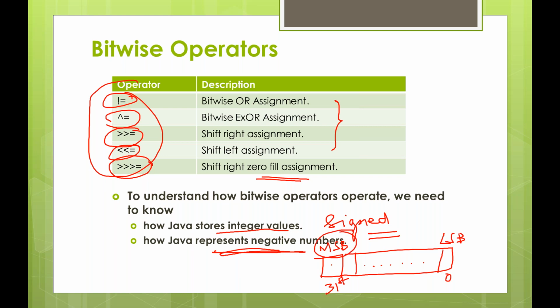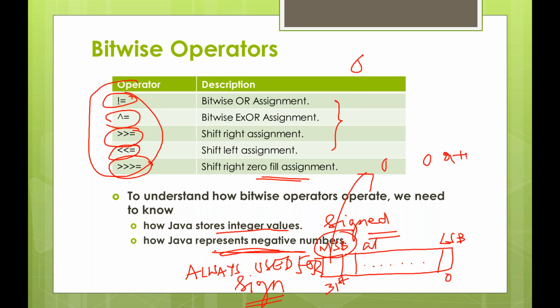The most significant bit is always used for sign. If the value of this most significant bit is 0, it means it is either 0 or a positive number.